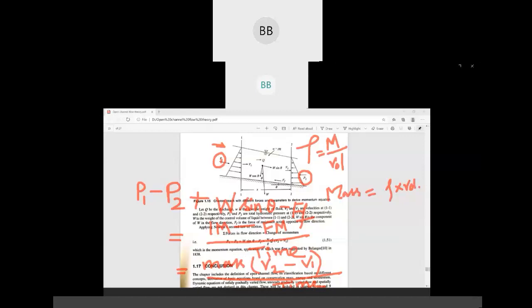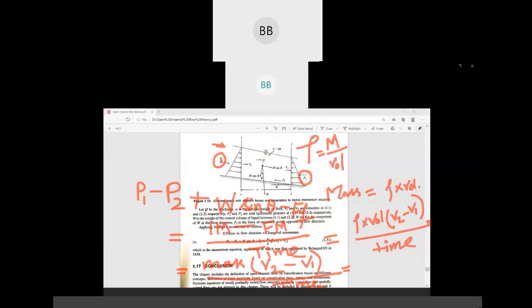In place of mass, we are going to write density into volume. Then we have v2 minus v1 divided by time, so in place of mass we substitute density into volume.